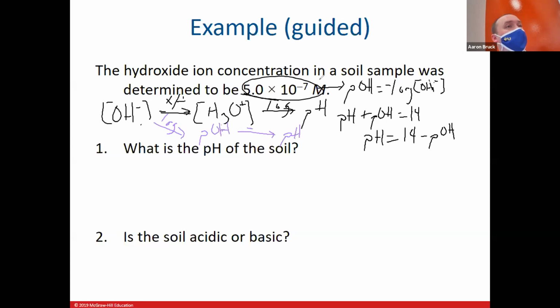And if I'm going to compare doing a subtraction versus doing a multiplication from an algebraic standpoint, I'll take subtraction every time. It's a lot easier. It's a lot less likely to make mistakes. I'm going to go that direction. So my first step here is to find the pOH, which is equal to the opposite of the log of 5.0 times 10 to the negative 7th.